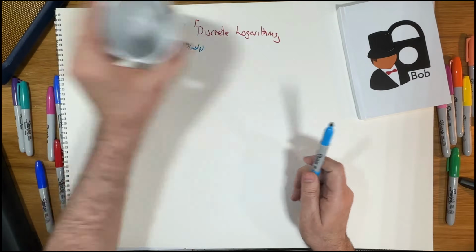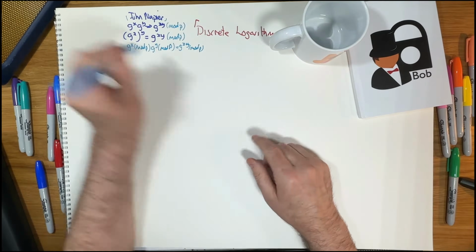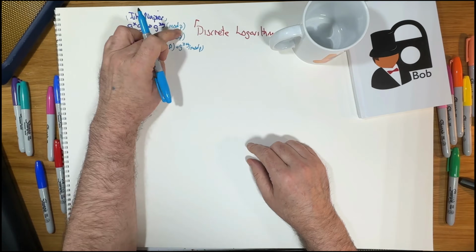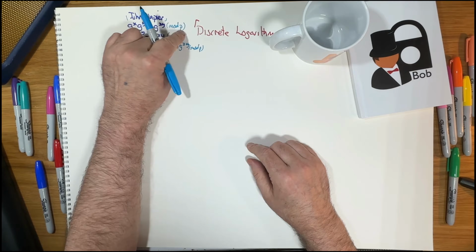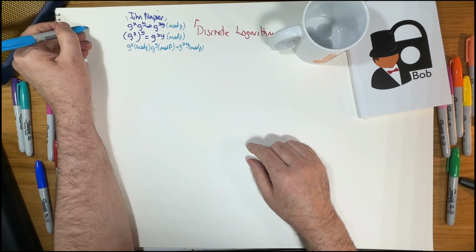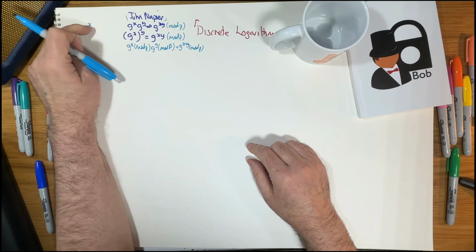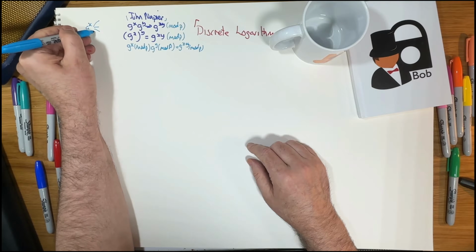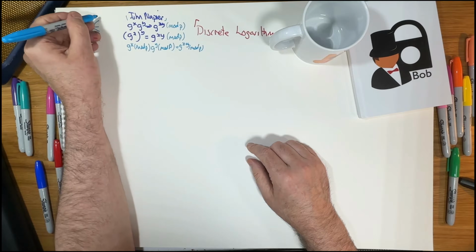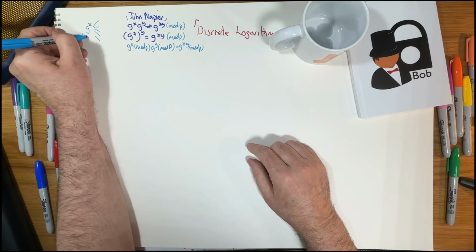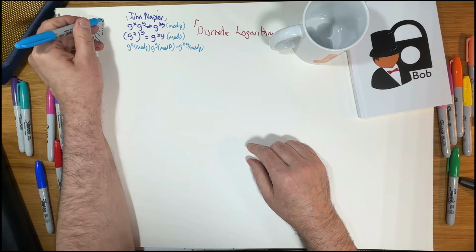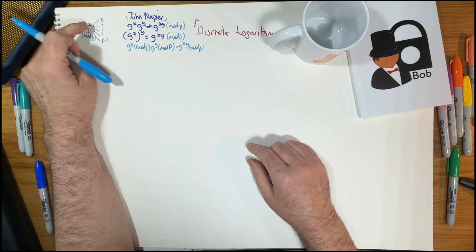So how does this actually work out? Well, basically what happens is that we are constraining it inside values between 0 and p minus 1. So g to the power of x for every value between 0 and p should give us a different value when we take a mod p operation. And the values that we should get will range from 0 to p minus 1.